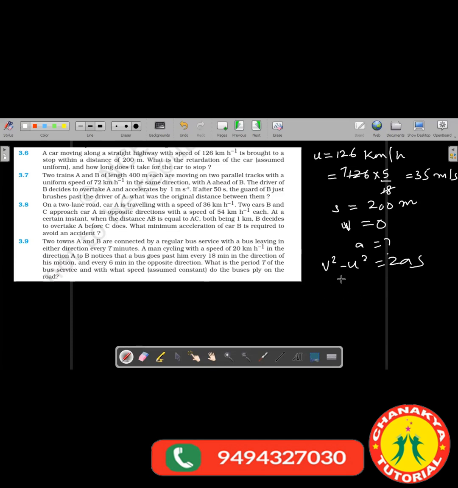Putting v as 0 minus u as 35, 35 squared equals 2 multiply a multiply 200. So you will get minus 1225 over 400 as acceleration. So this is your answer.